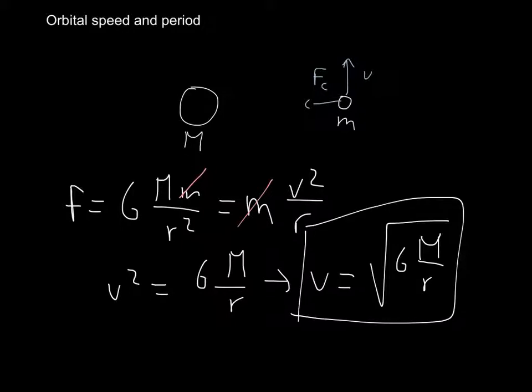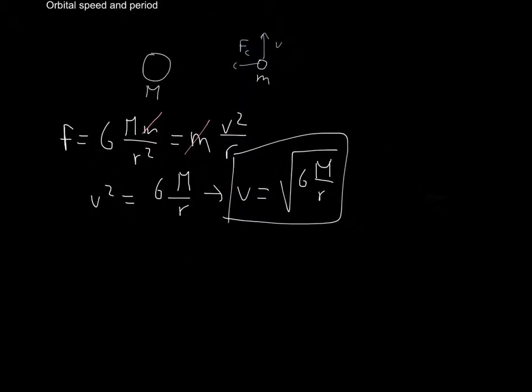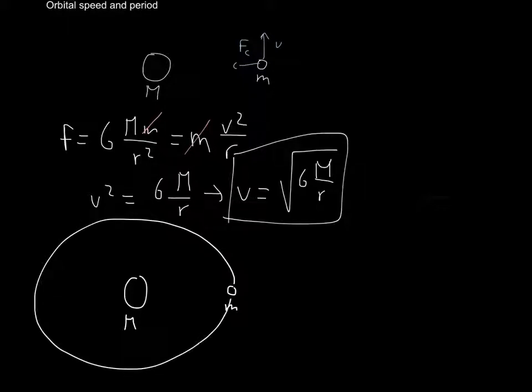In order to do this, I just need to use common sense, really. Now that I know the speed, I also know that if this is my big planet and this is my little planet, this length here is 2 pi r, right? So how long am I going to take to traverse this 2 pi r distance?